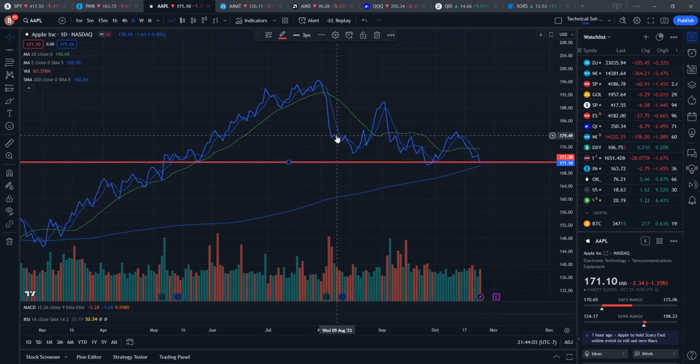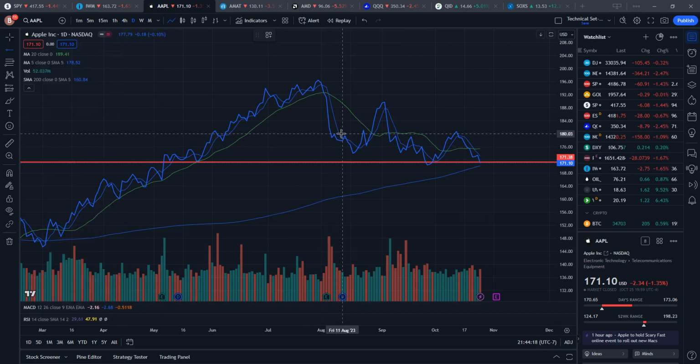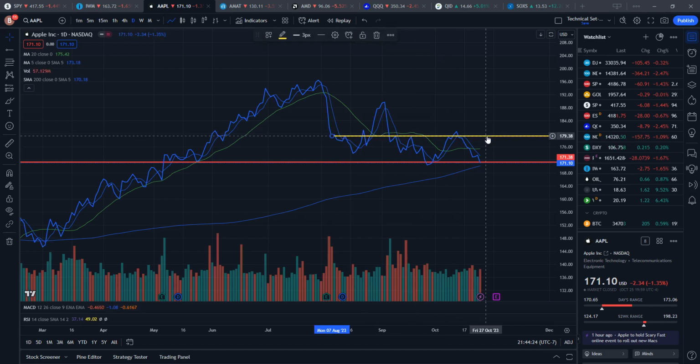Okay, flipping back to a line chart, I want to look for resistance. Okay, you see we've got 1, 2, a couple of touch points there. So 179.17 is some light resistance, and I say light because it doesn't have a long history to it. But we can definitely draw some resistance in there.